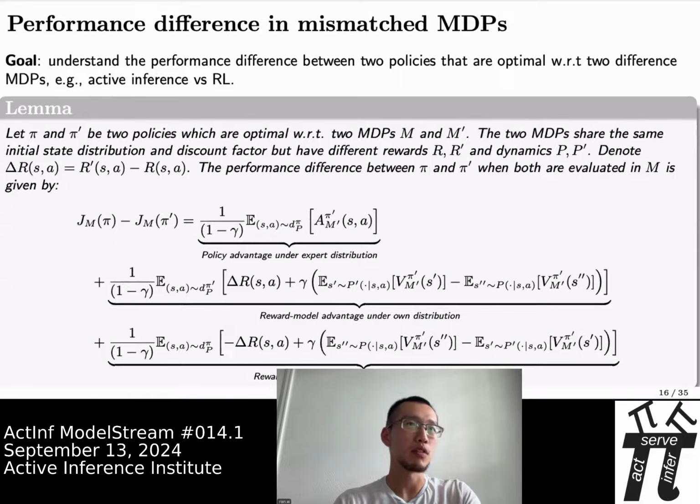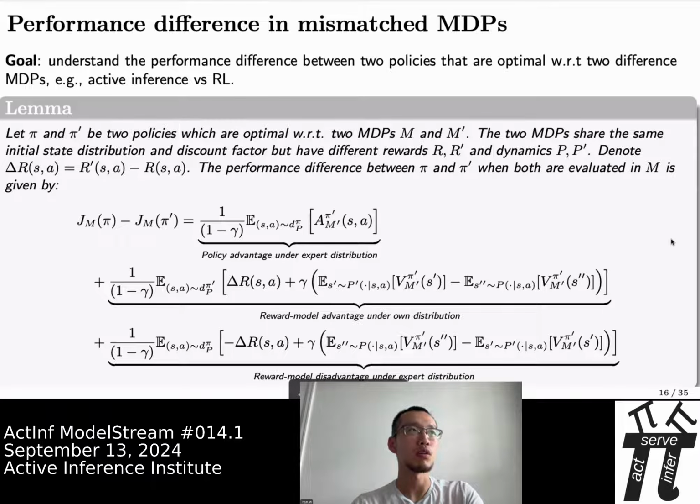With these concepts, we have our first analysis tool, which I call performance difference in mismatched MDPs. What we're trying to do in this lemma is the following. We look at two policies, pi and pi prime, and both policies are optimal with respect to their own MDPs, which we denote as M and M prime.